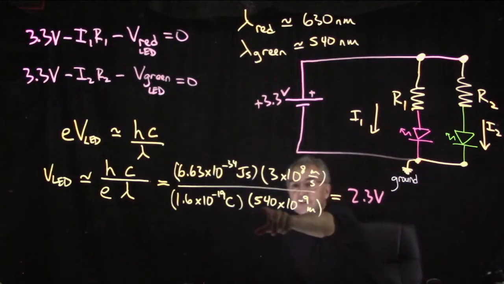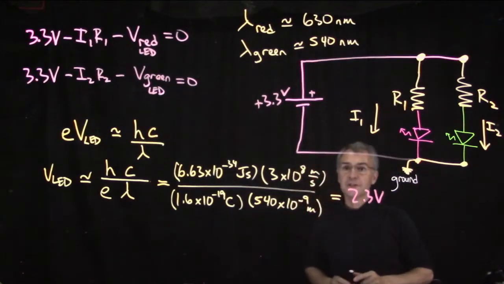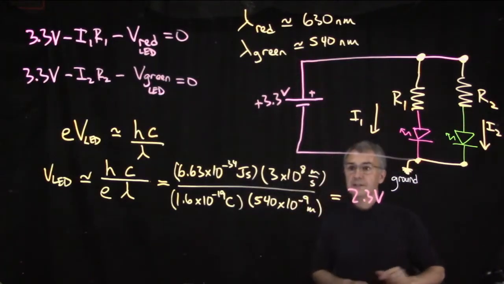And then if we were to plug in 630 instead of 540 for the red LED, we would get right around 2.0 volts, or maybe a little bit less than 2.0 volts.